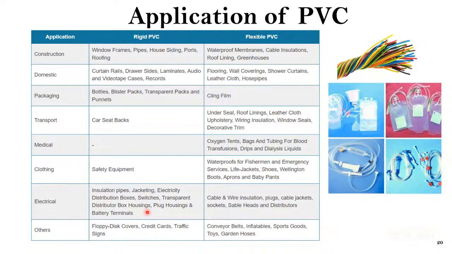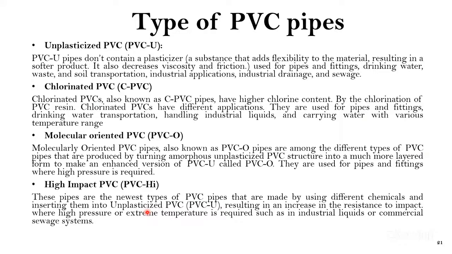Right now, we will study in a little more detail the types of PVC pipes. What are the pipes and different grades of the pipes, and what are the applications? If you talk about unplasticized PVC, it means the pipes do not contain any kind of plasticizer. You didn't add any plasticizer.